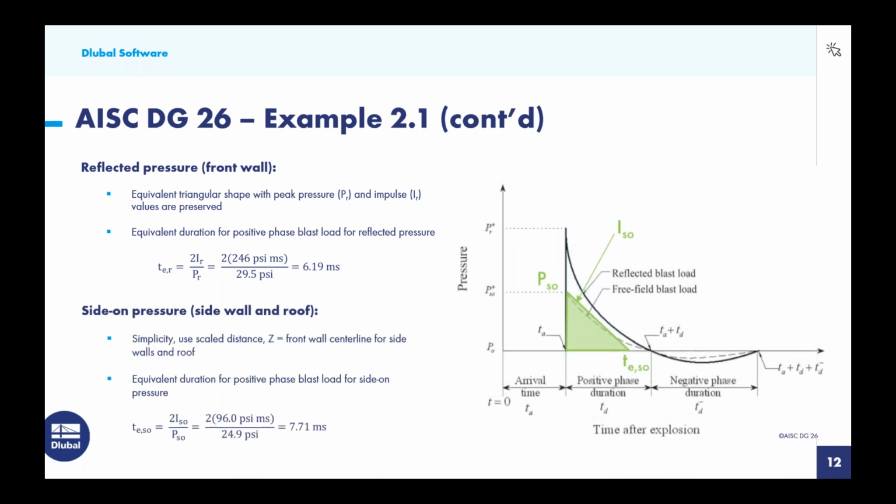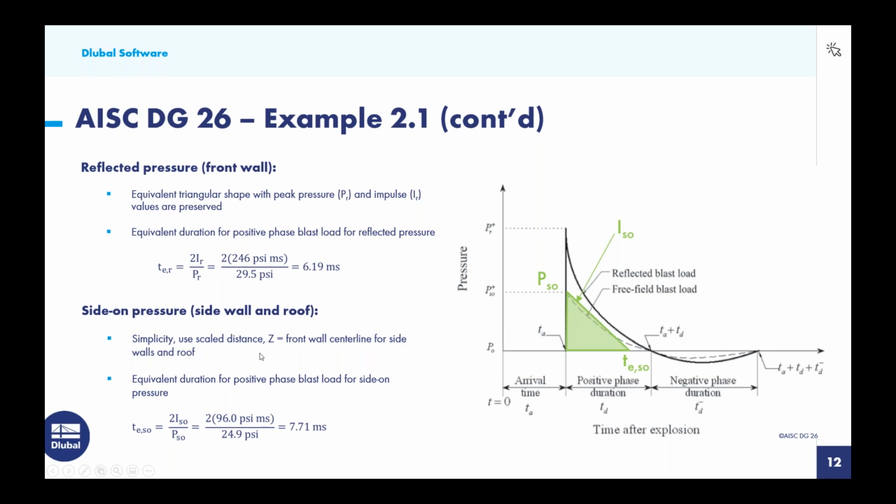So moving on to the sidewalls and the roof, what we'll be applying here is the side-on pressure. So this is going to be, remember, that smaller triangle here within our idealized curve. And for simplicity as well as the conservative approach, we're going to use the same scaled distance Z that we used for the front wall centerline, also for the sidewalls and roof.